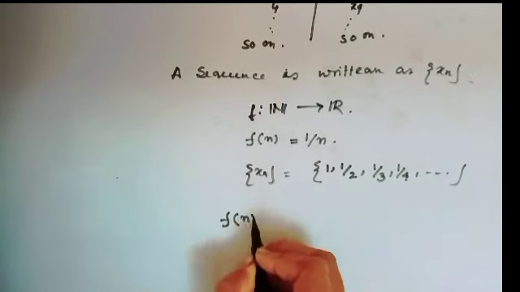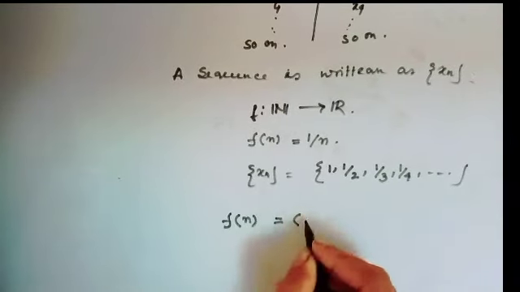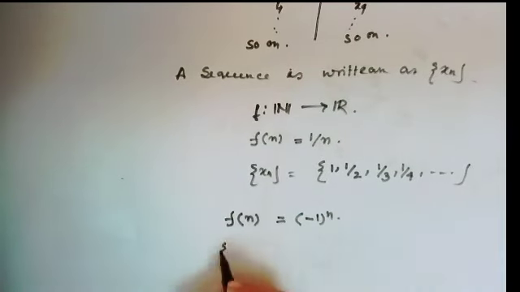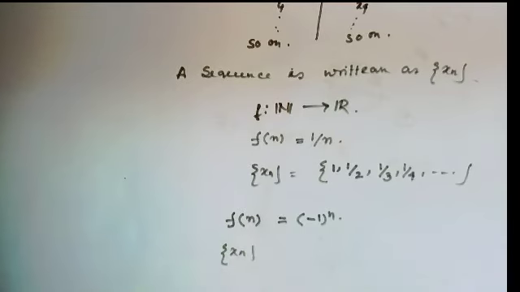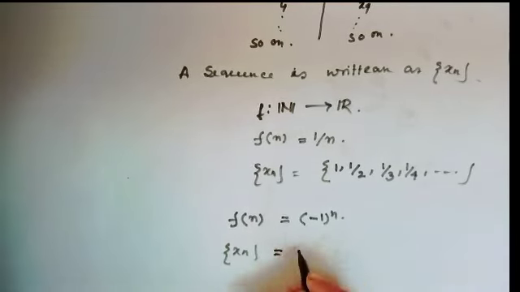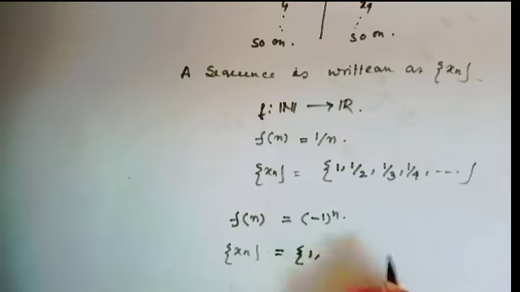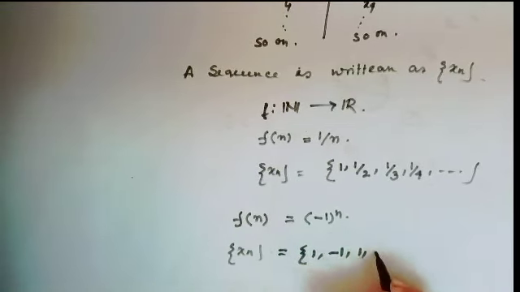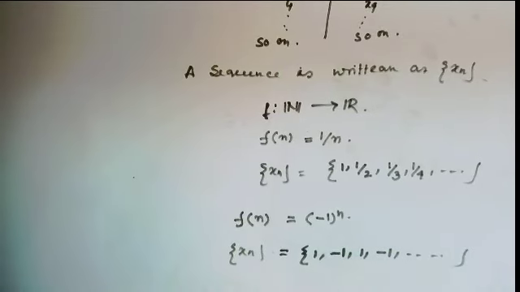Let's see another example. f(n) equal to (-1) to the power n. The sequence x_n equal to -1, 1, -1, 1, and so on.